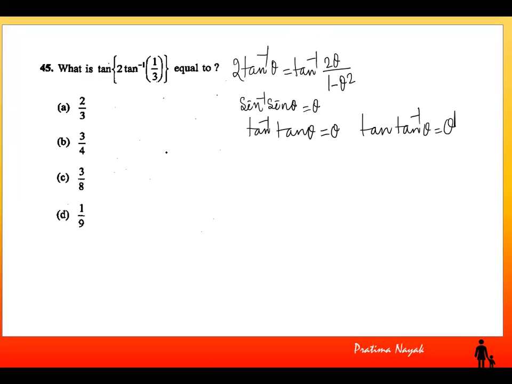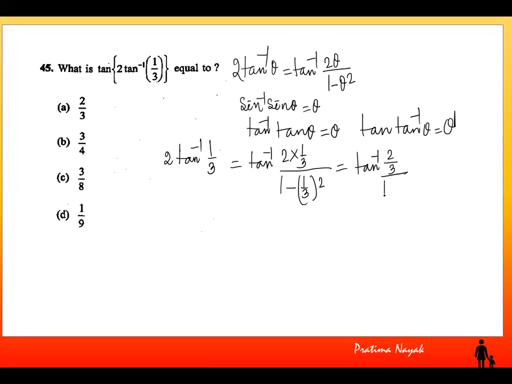So first I'm simplifying the bracket. 2 tan inverse 1 by 3 is equal to tan inverse, in place of theta I'll put 1 by 3, so it will be 1 minus 1 by 3 square. If we simplify it, it will be tan inverse 2 by 3 upon 1 minus 1 by 9.